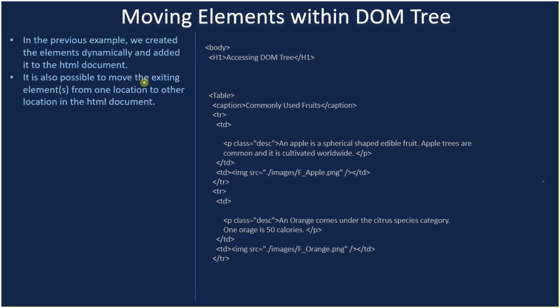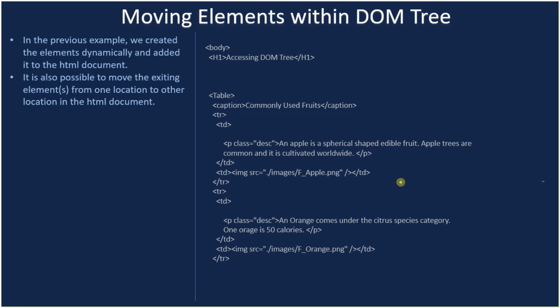It is also possible to move the existing element from one location to another location in the HTML document. Let's say from the web server you are getting the HTML document. Once the document reaches your client or your browser, you want to run some jQuery enabled JavaScript code, analyze the existing document, and rearrange some of the HTML elements by taking them from one location and moving them to another.